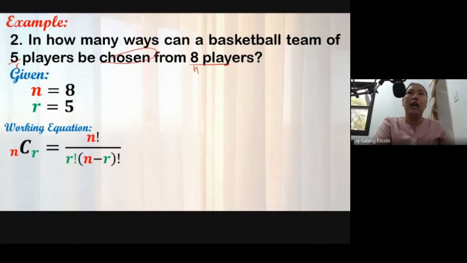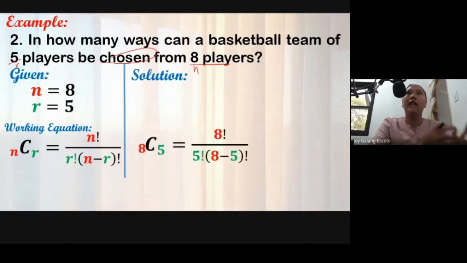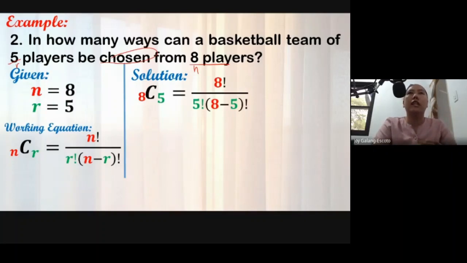Now, next, after that, just simply substitute. n is 8, r is 5. So you will have the combination of 8 things taken 5 at a time equal to 8 factorial over 5 factorial times the quantity 8 minus 5, factorial. Now, as for PEMDAS, you have to evaluate this first. 8 minus 5 is 3, and then factorial, that is 3 factorial.